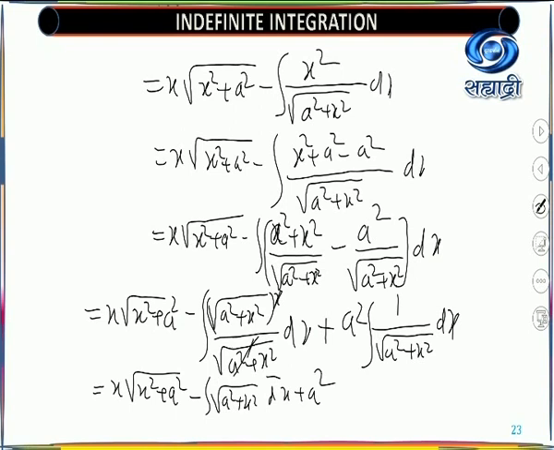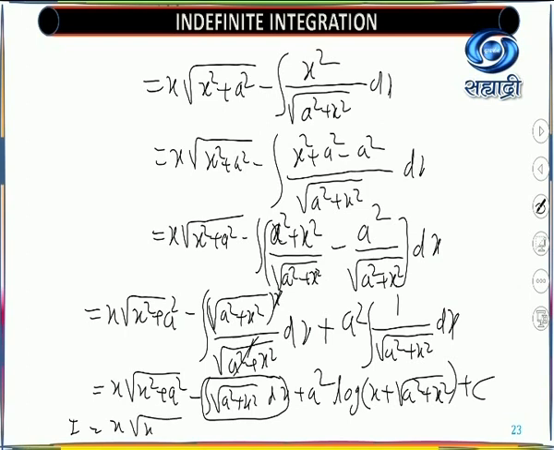Now you know the formula for this, which we have already studied. That formula is log of mod, you are able to use, x plus root of a square plus x square plus constant of integration, and this is nothing but I, which is given to you. So you will get I equal to x root of x square plus a square minus I plus a square log of x plus root of a square plus x square plus constant of integration.